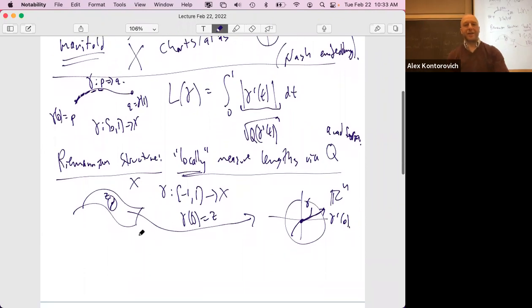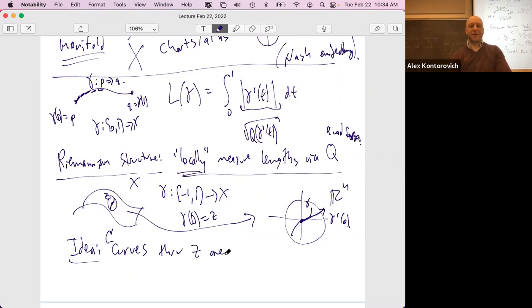And the key idea is we'll say curves through z, smooth meaning at least once continuously differentiable, let's say C1 curves through z, are equivalent, let's say gamma 1, gamma 2 are equivalent, if and only if these derivatives are actually equal.